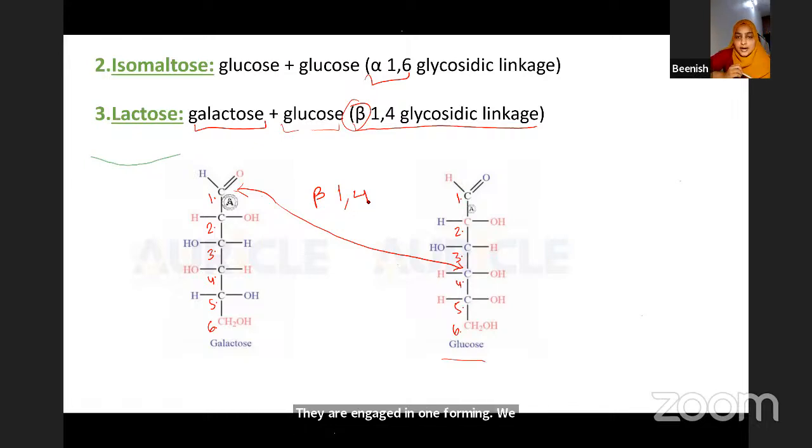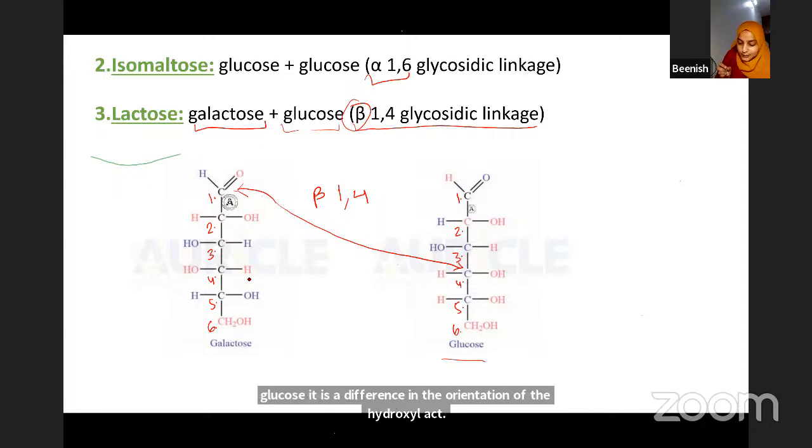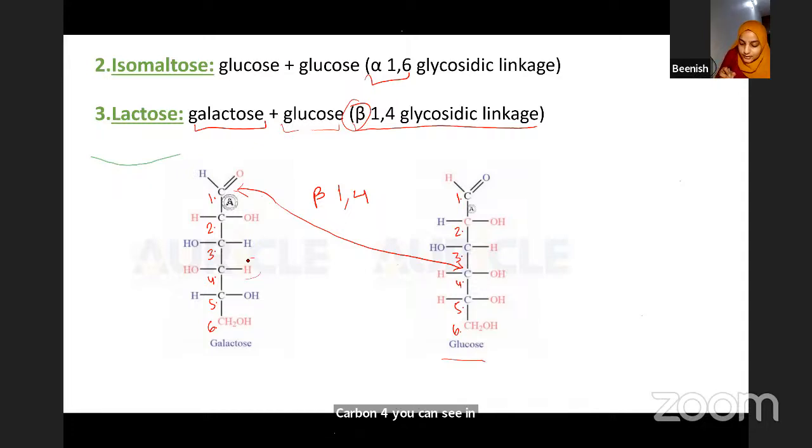So that is your lactose. And what is the difference between galactose and glucose? It is the difference in the orientation of the hydroxyl at carbon 4. You can see in galactose, there is hydrogen on the right side, whereas in glucose, there is hydrogen on the left.